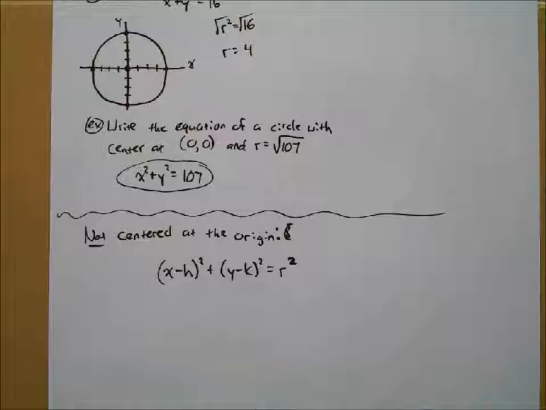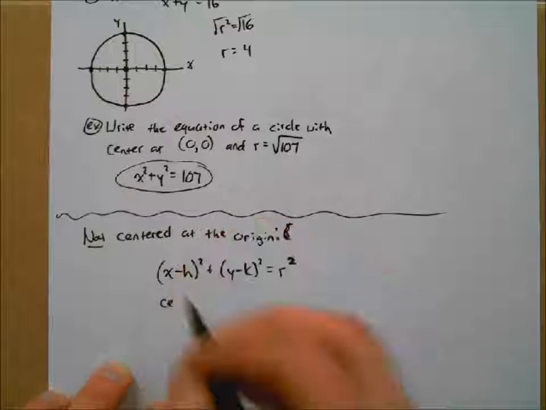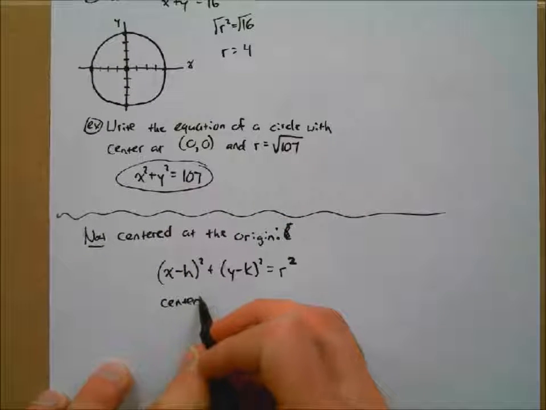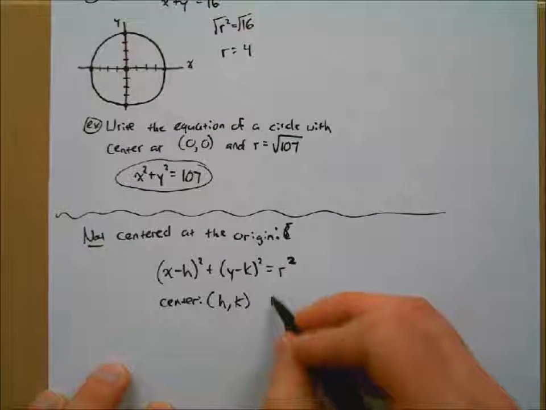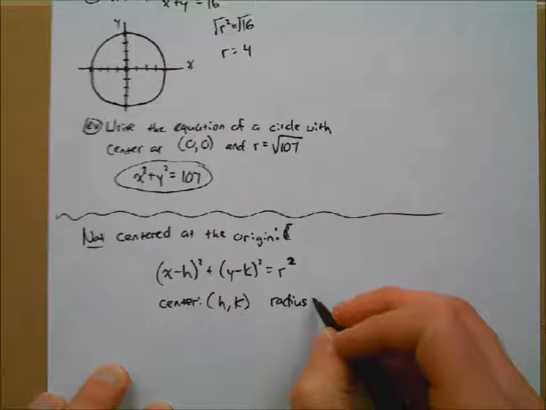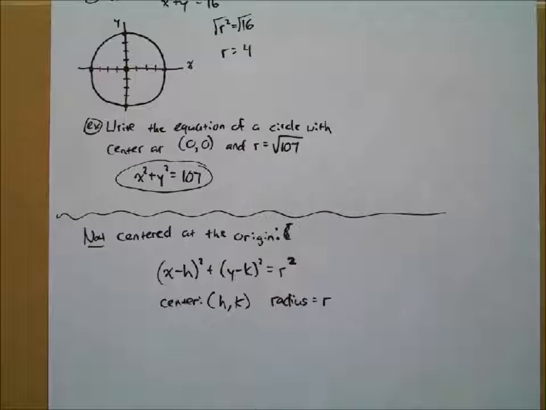In this instance, the center has coordinates (h, k), and the radius is r. So the radius is still r. The center, though, is the point (h, k).